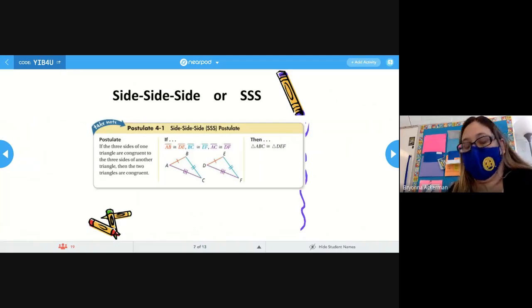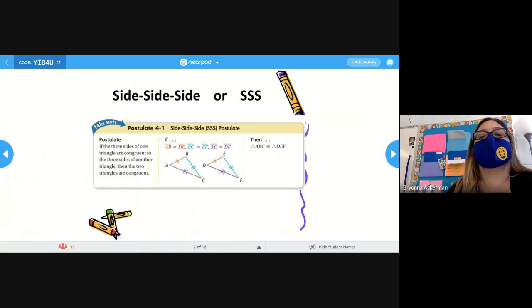So the first postulate that we're going to learn about is called side, side, side, or for short, we just say SSS. This postulate says if I have 3 sides of one triangle that are congruent to 3 sides of the other triangle, then I know the triangles themselves will be congruent. So I can determine just from SSS, and I don't even have to know the angles.